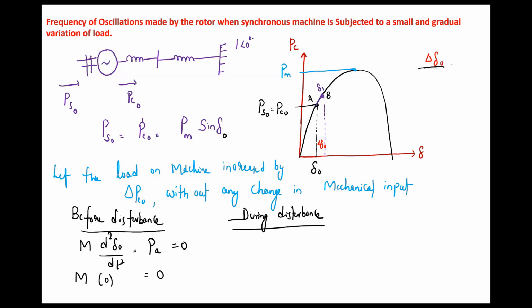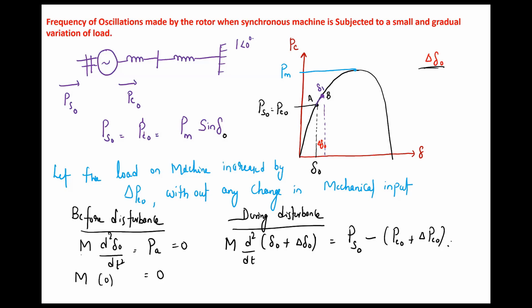If I write this, M into d square by dt square of delta naught plus delta naught is equal to PS, the constant shaft power PS naught, minus PE naught plus delta PE naught.